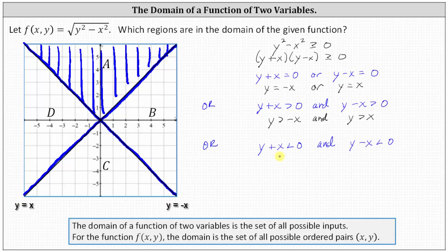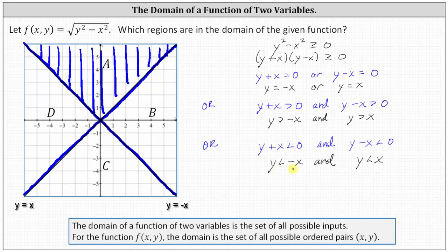And now we need to solve the last compound inequality. On the left, we'll go ahead and subtract x on both sides. We have y less than negative x, and on the right, we'll add x to both sides, giving us y less than x. And again, we're looking for the region that satisfies both of these inequalities.